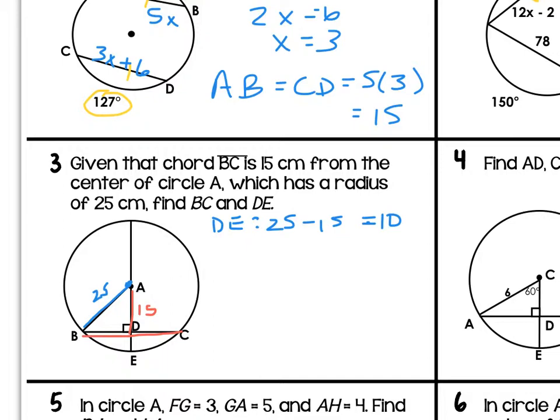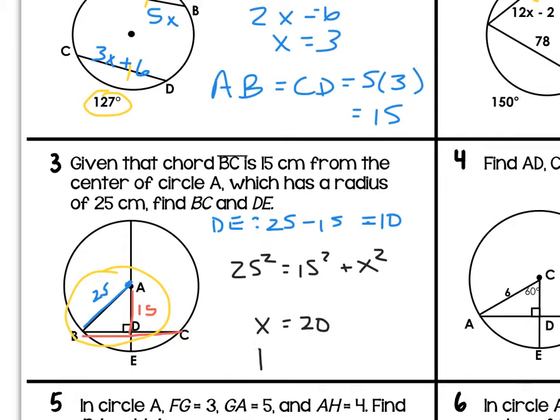Then what I need to do is do the Pythagorean theorem on this right triangle. So 25 squared equals 15 squared plus x squared. And when I do all that solving, I'm going to get that x equals 20.